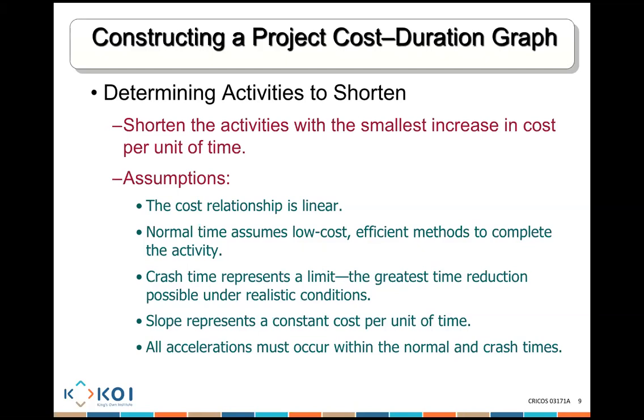The slope is how much it's going to cost me every time I reduce my project duration, per activity. So for A, how much is it going to cost me to reduce it 1 time?